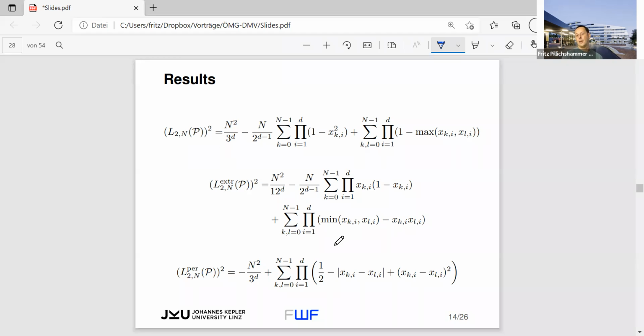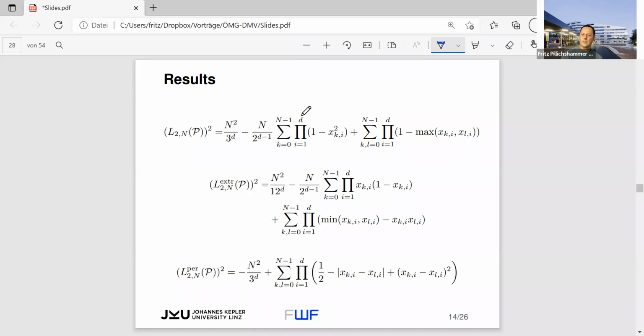And one finds after some lines of algebra these nice formulas. In the literature, sometimes these formulas are called Warnock-type formulas, but that's historically not entirely correct, since already Koksma had such a formula in the 1940s.